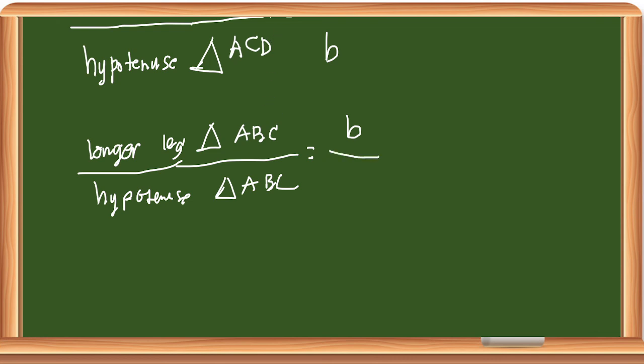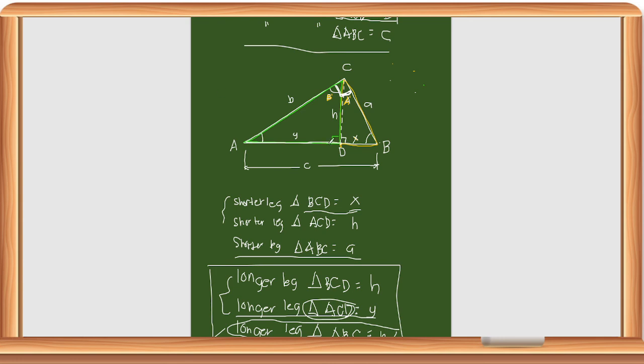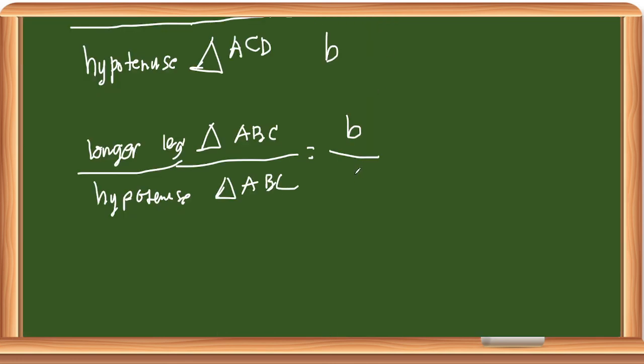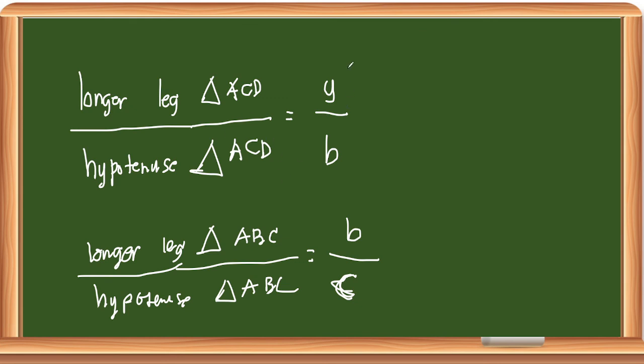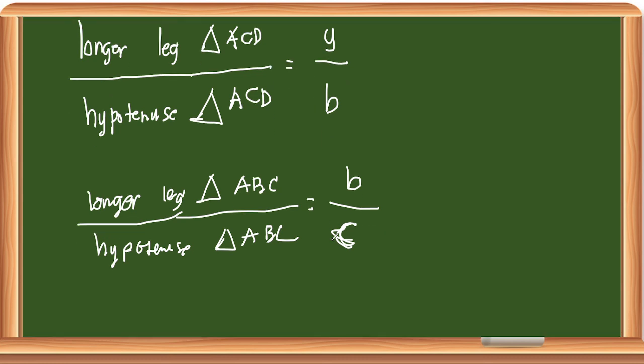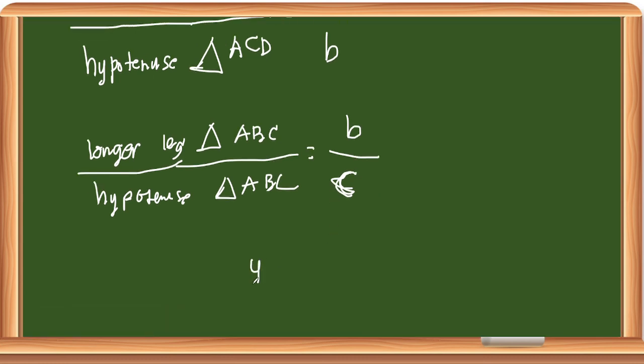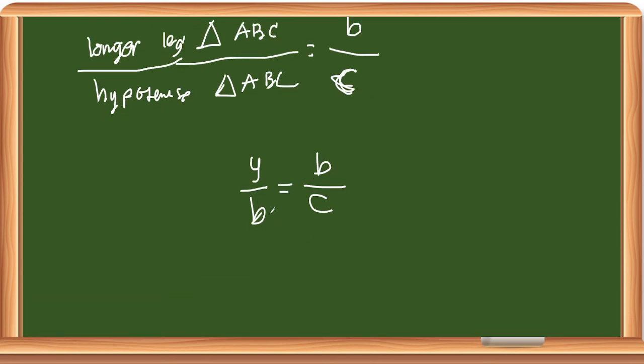Of course, the hypotenuse of the original one is C, no? So C ang i-label natin. Okay? So C yan. So therefore, since they are similar triangles, yung ratio nila would be equal. Yan na naman. So Y over B therefore would be equal to B over C since there are similar triangles. That means the ratio of the corresponding parts are equal.